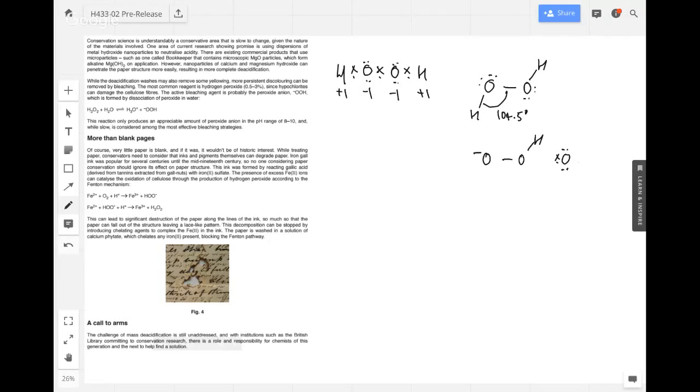So the extra electron here is now the negative charge. So you get something like that for OOH minus, which is the ion it's talking about being made here in this particular reaction. This is a reversible reaction, so we can write an equilibrium expression for it.